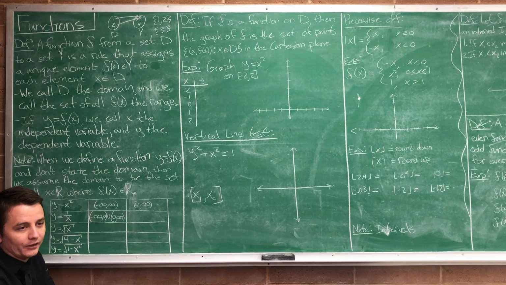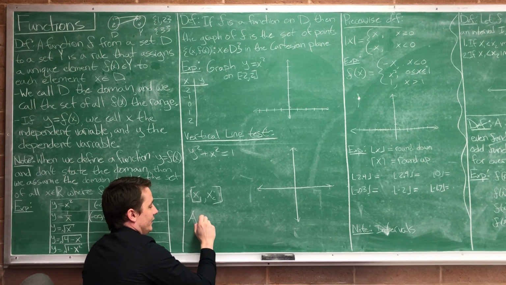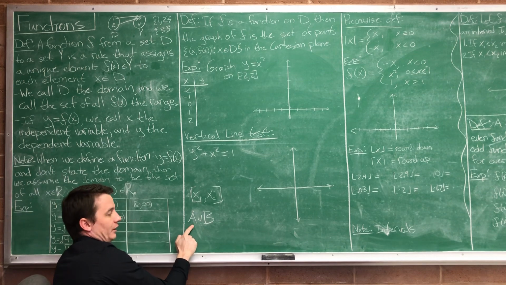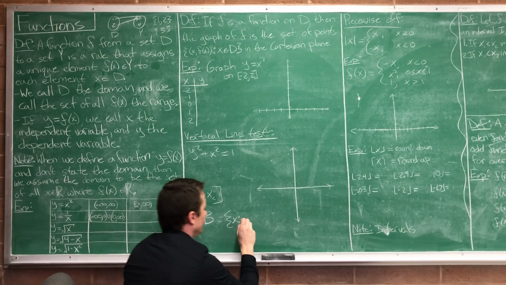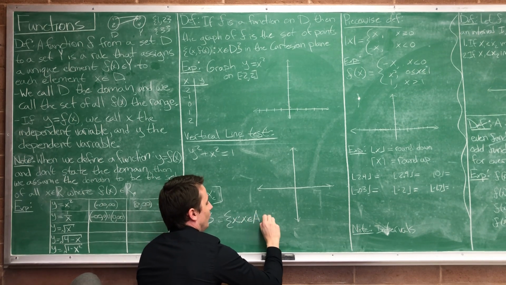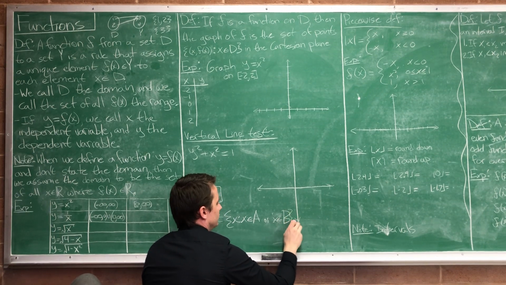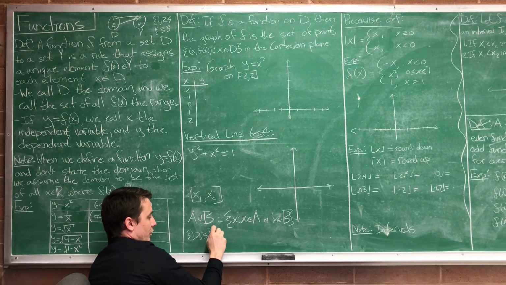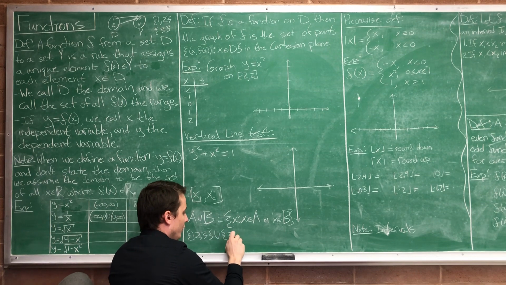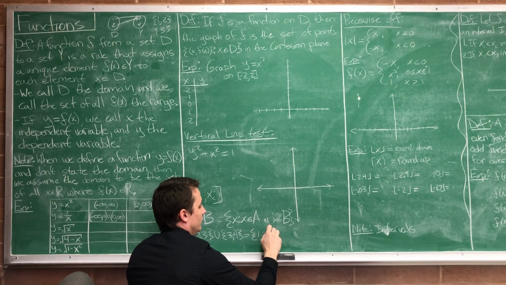When you union two sets together, you just take all the elements of both and put them into one set. So if I have the set A and the set B, where A is a set of objects and B is a set of objects, then A union B is equal to the set of all x, where x is in A or x is in B. So if I have the set {1, 2, 3} unioned with the set {3, 4}, this is just equal to the set {1, 2, 3, 4}.